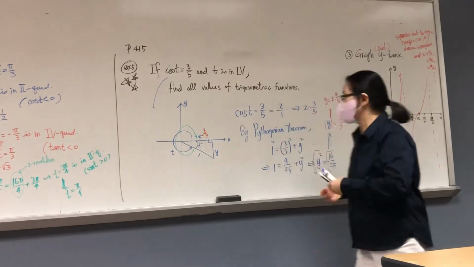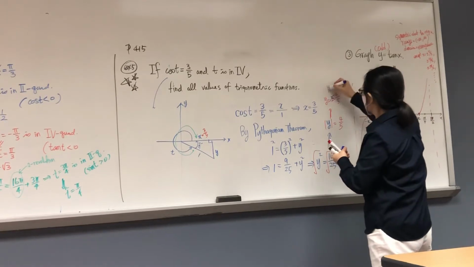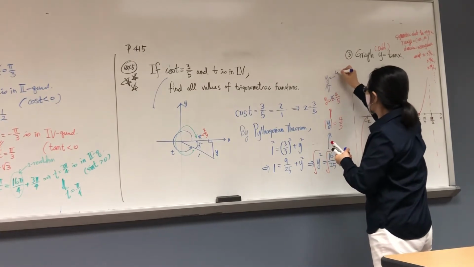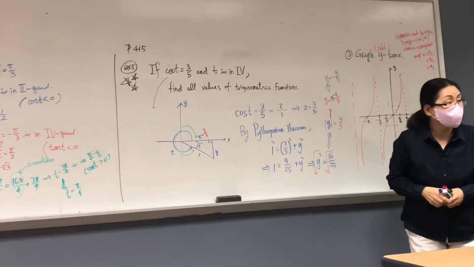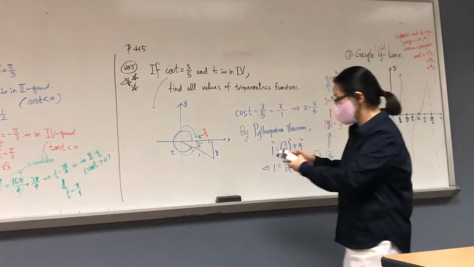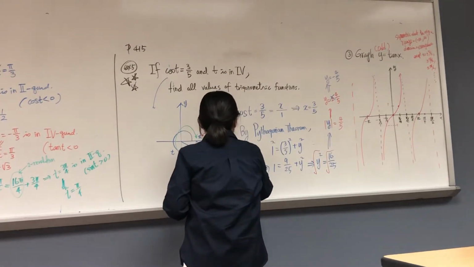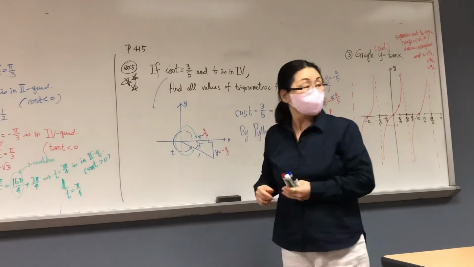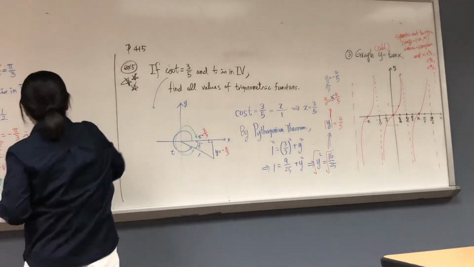Negative. Good, so forget about the positive. Y is negative 4 over 5. So this is negative 4 over 5, and based on this we will get the answer for all trigonometric values.